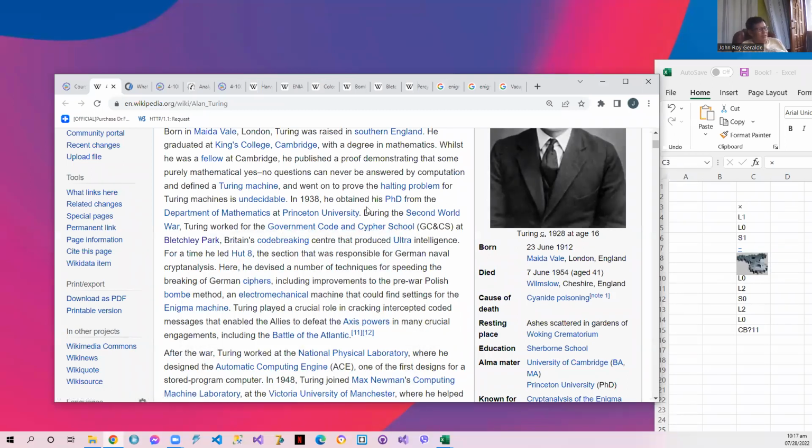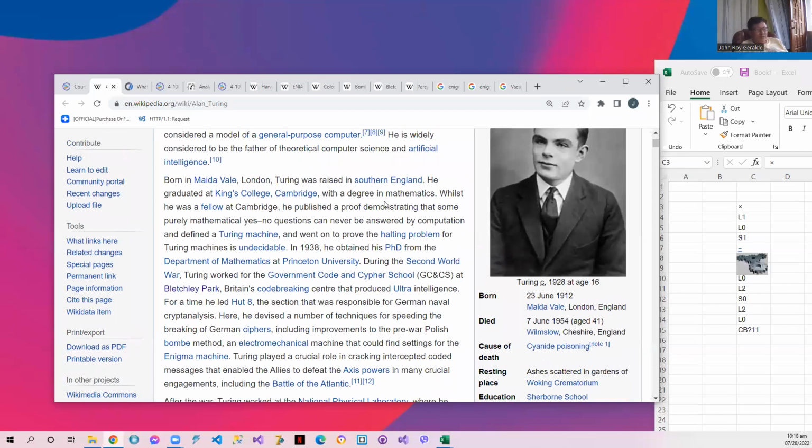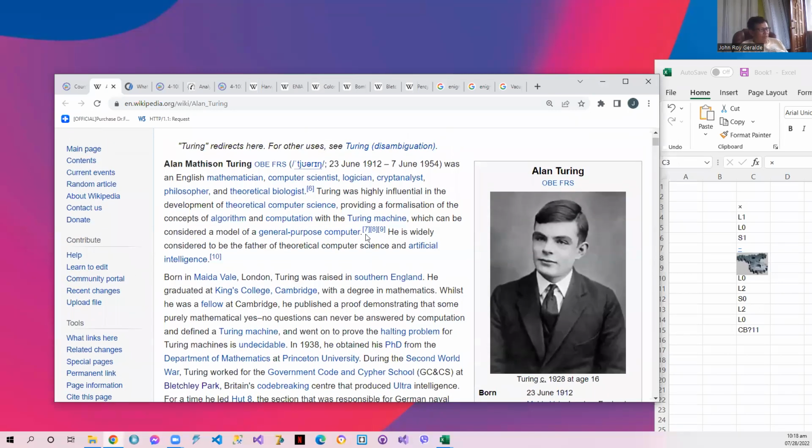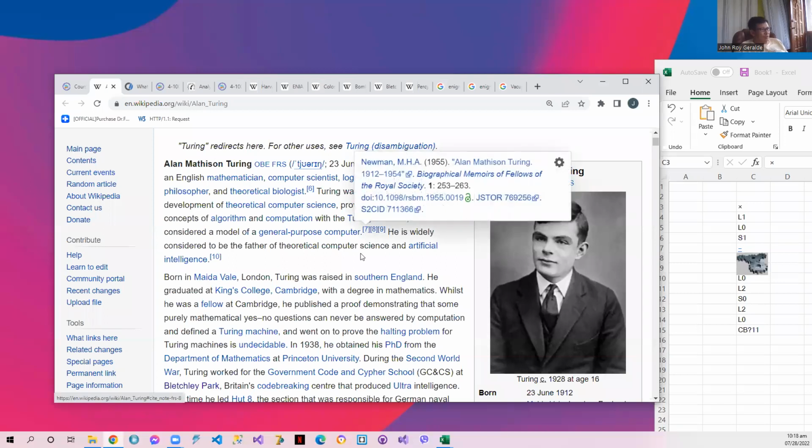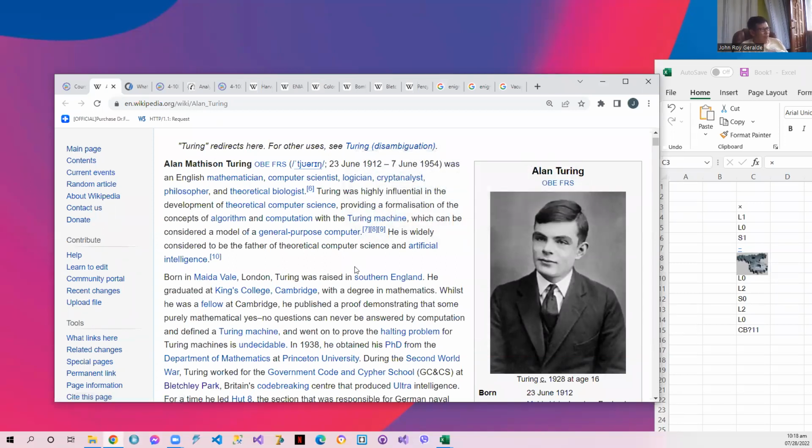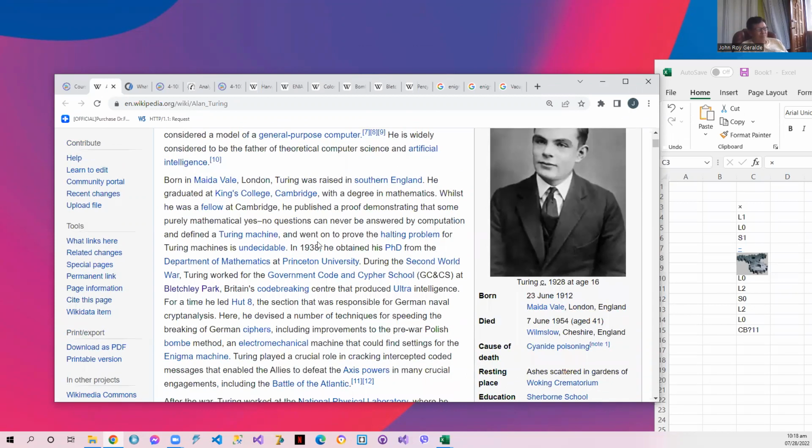Now, take note that Princeton University is where the IAS, Institute for Advanced Study computer, was invented also. It was invented by a professor named John von Neumann. So it's either there, because John von Neumann taught at Princeton University from 1930 to 1933. 1938 siya nagtapos. They must have seen each other there.